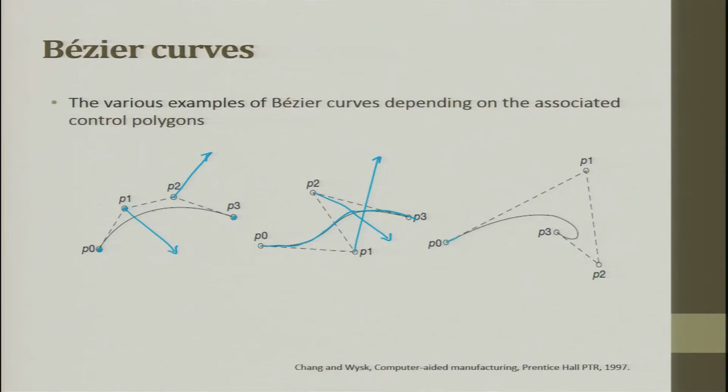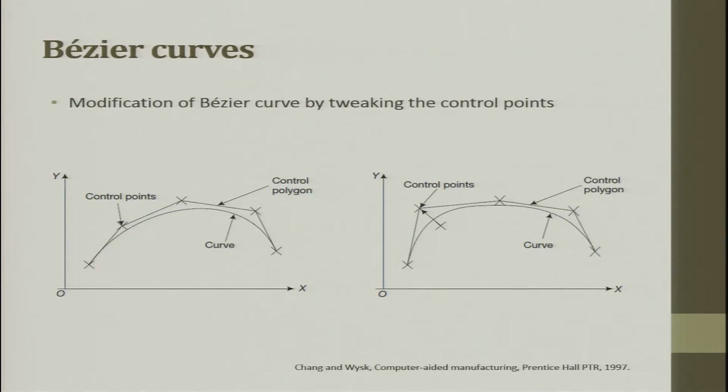So, you see a completely different curve profile coming. As far as application point of view is concerned, the control points decide the curve profile. So, there is a modification of the Bézier curve by tweaking the control points. You can change the curve, okay. And here, you can see I have just moved a control point from here to slightly here.